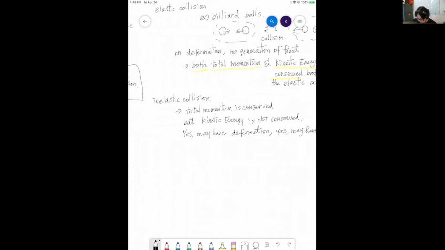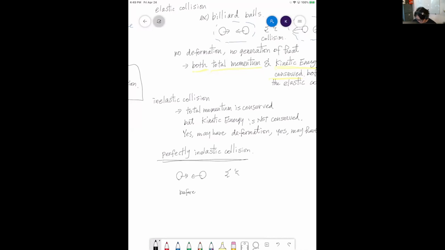So here there's a collision that's called perfectly inelastic collision, or totally inelastic collision. What kind of collision is this? Inside the inelastic collision, you could have objects like this. This is before the collision.